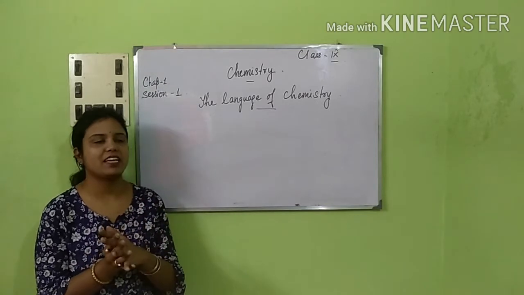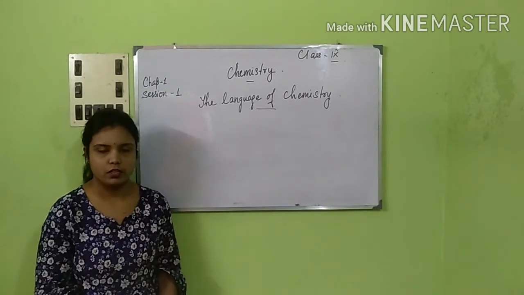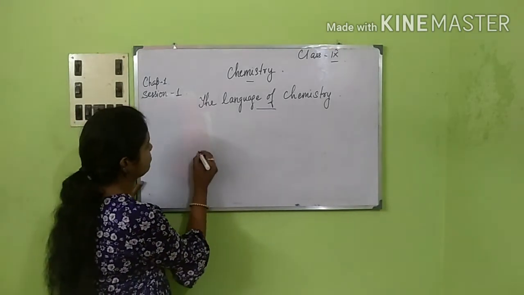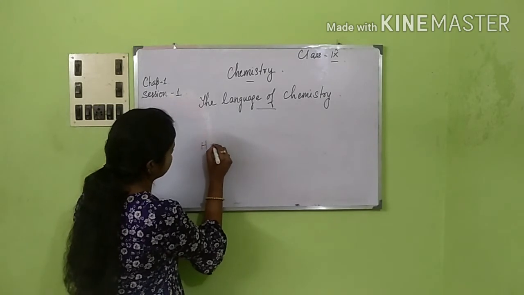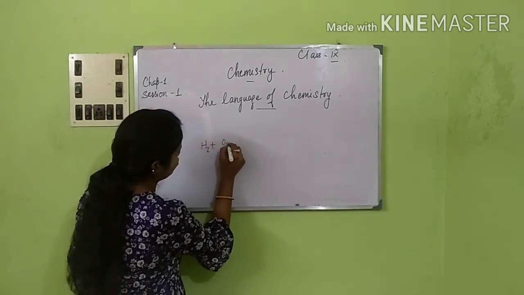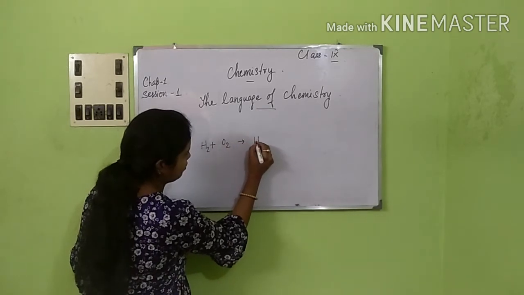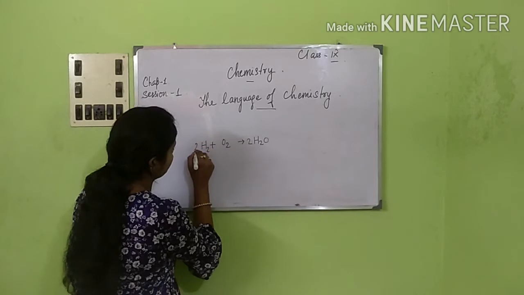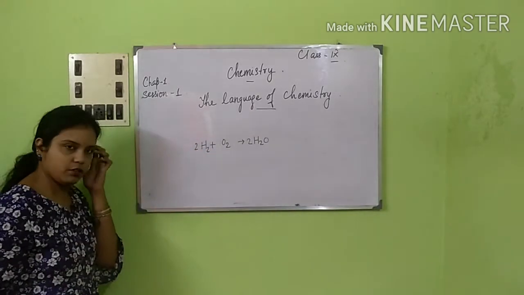It states that matter can neither be created nor destroyed. So suppose we take for example H2 plus O2, I gave you the reaction that time only, giving you H2O. I am multiplying it by 2, here with 2, and we are getting this reaction, right?